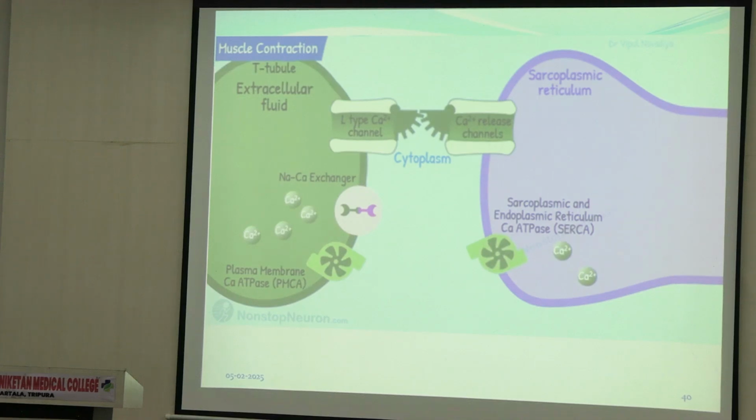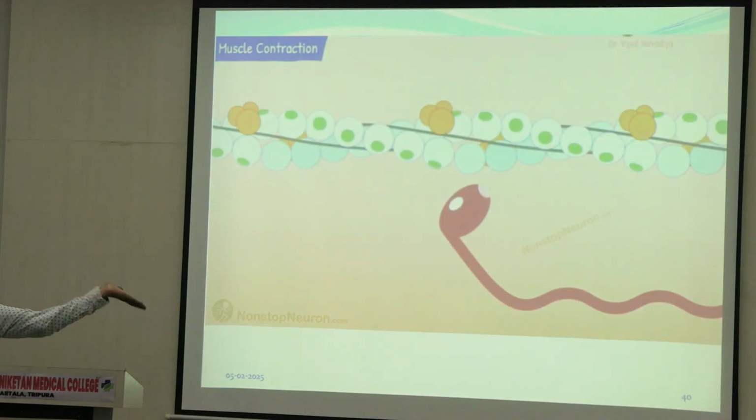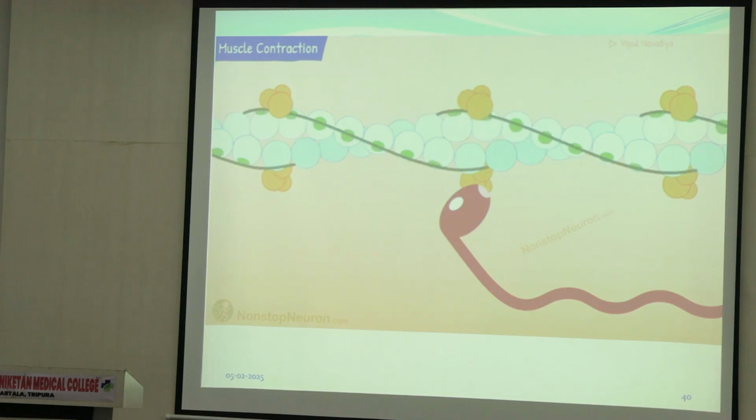Both of these exits reduce cytosolic calcium concentration. Now calcium will be removed. This moves the tropomyosin back to the resting position, covering the binding site on the actin molecules. No more binding. So now the myosin head cannot bind with the actin and the process stops.